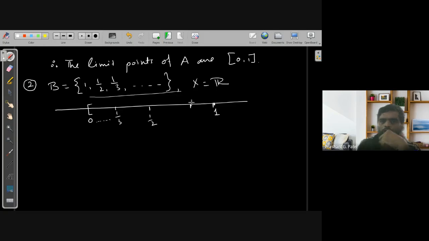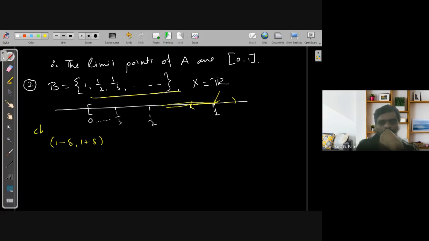If we draw any neighborhood and remove the point 1 from that interval, this portion with set B will not intersect. So I can say 1 minus delta to 1 plus delta, where you can pick delta less than 1 by 2.